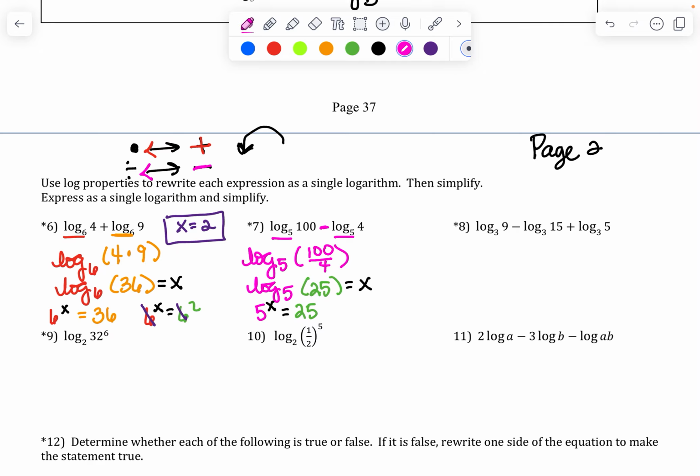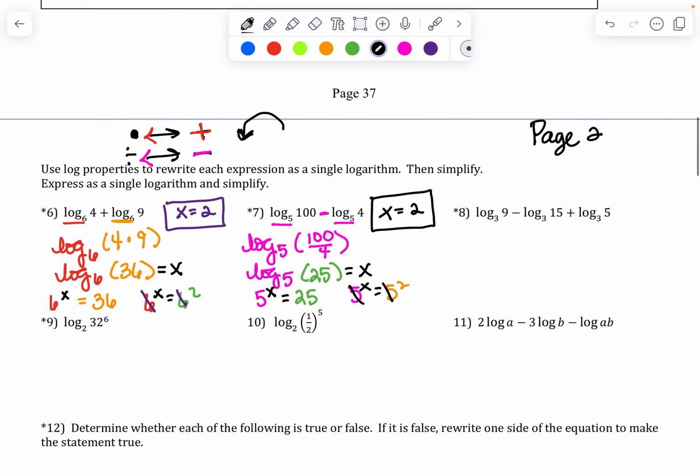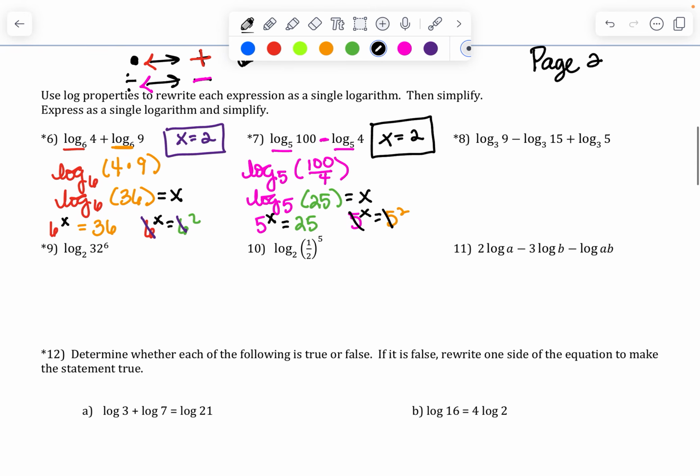So 2 to the x power equals 32. I'm going to keep the 2 to the x power and change this 32 to 2 to the 5th. Mark off those common bases, and you have a 5 there. But remember, I've kind of left out this on purpose. So now I have 6 times, because that's what it means when it's in front up there, and the answer I got there was 5. So 6 times 5 is 30.